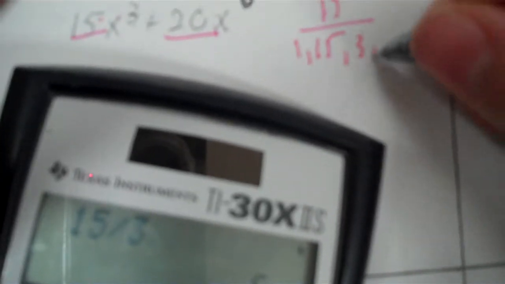So 1 and 15 are factors of 15. 15 divided by 2, I got a decimal. So 2 is not a factor. We don't put 2 down. 15 divided by 3 is 5. 3, 5, okay? After 3 comes 4. 15 divided by 4, there's a decimal. 4 is not a factor. And after 4 comes 5, which I already have. So that's done. Okay?